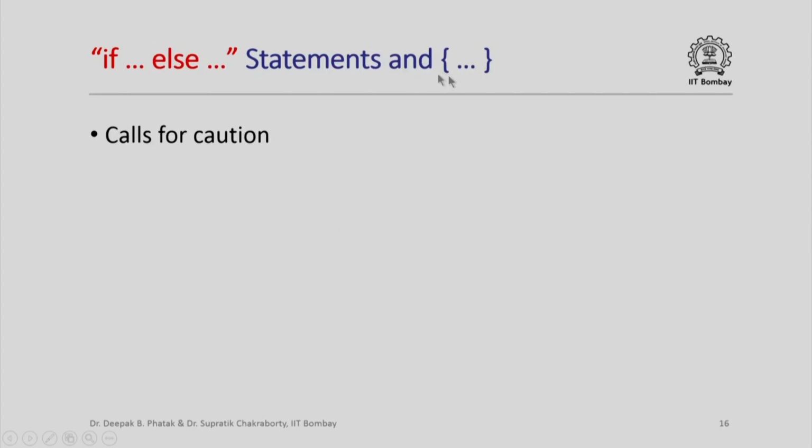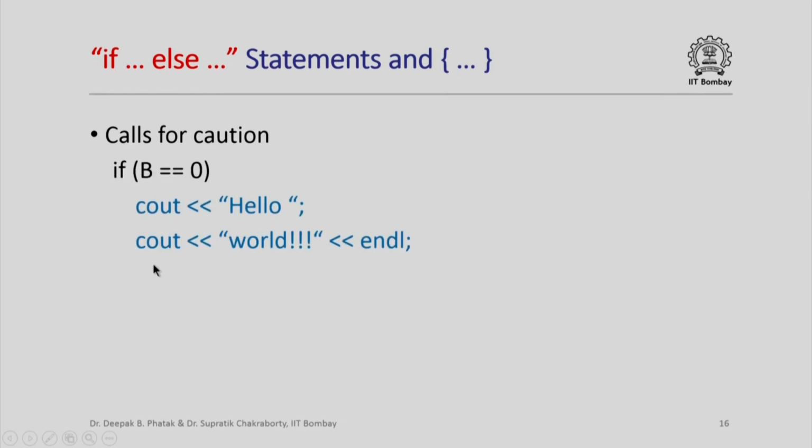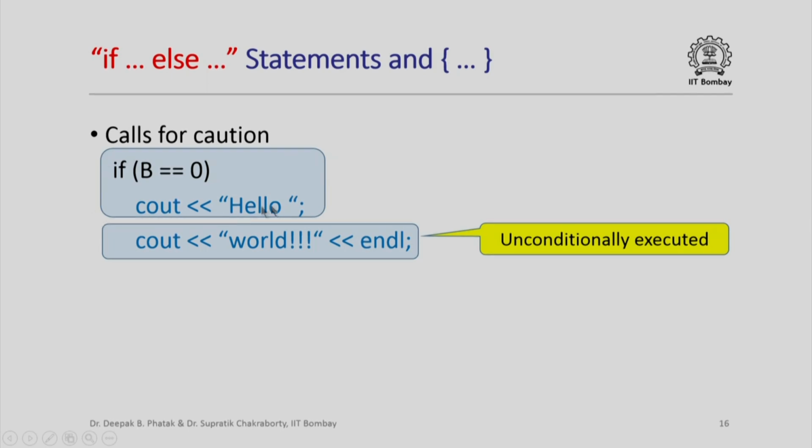Parentheses have to be very carefully used when you are writing if else statements. For example, consider this program. Here perhaps the intent of the programmer was to say that if b is 0, then we should see the message hello world with 3 exclamation marks. However, if the program is written like this, the block would be construed as an if statement without an else statement, and this would be unconditionally executed.